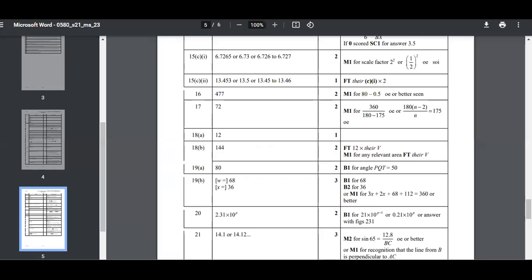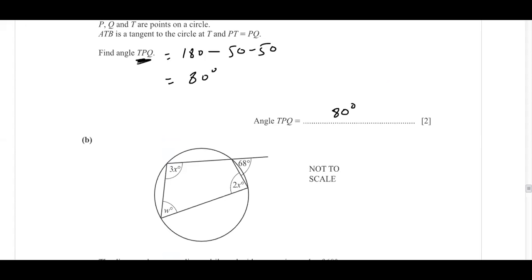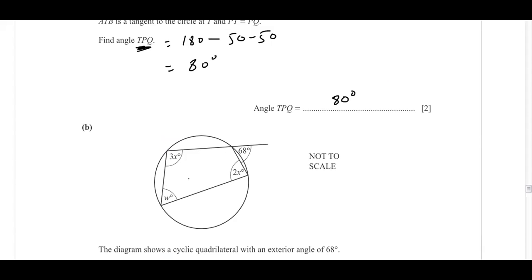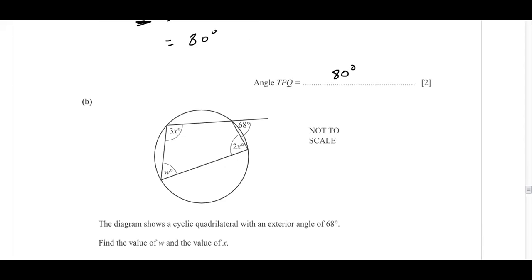Now moving to the next one, part B. Again, this is a circle, and on the circle it's shown that this is a cyclic quadrilateral. In a cyclic quadrilateral, we know the opposite angles make 180 degrees. It means this one plus this one will be 180 degrees, and this plus this should be 180 degrees.